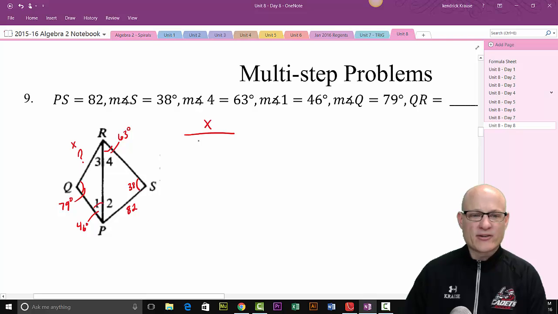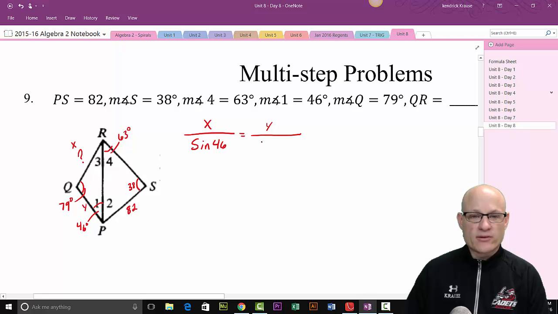So I would have to put X over sine of 46, which would be equal to, let's see, well, either this side, let's call this Y, Y over angle 3.